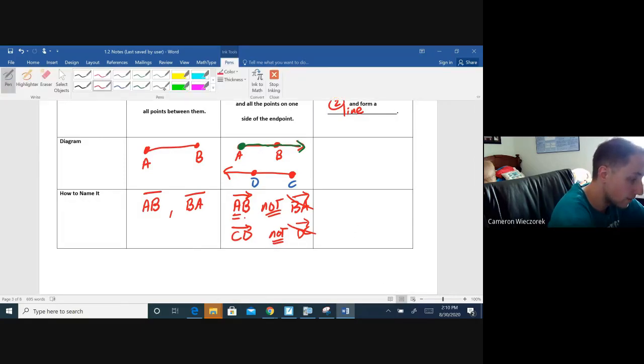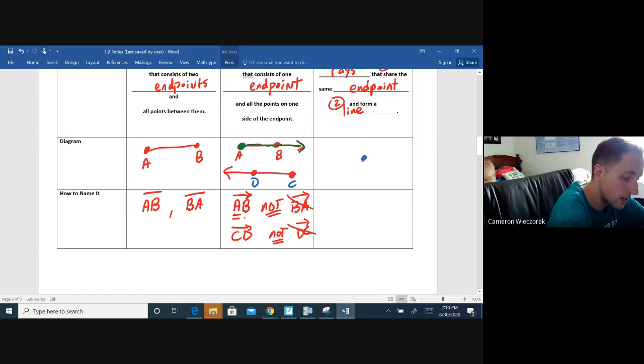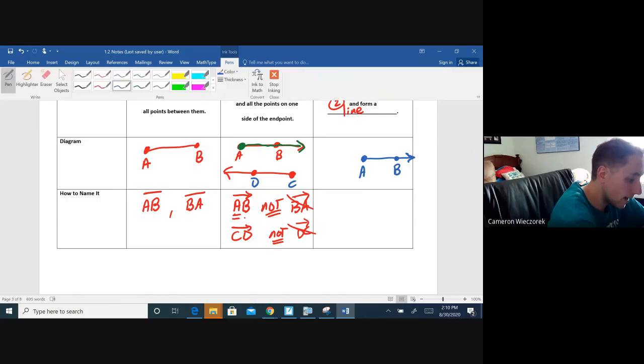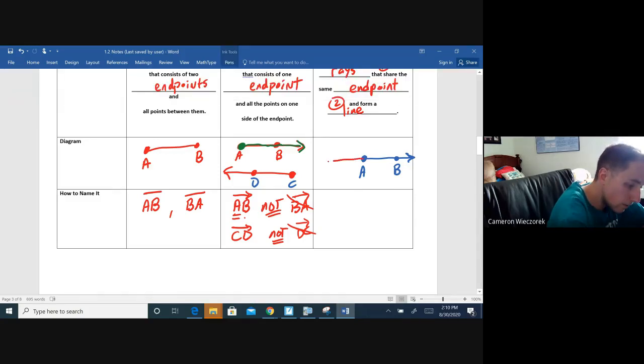So on a diagram, if I say same endpoint, it means they start at the same place. So let's say this is A, but then one of them is going to have to go to the right. So let's say that's ray AB. But in order to form a line, the other one's going to have to go to the left.